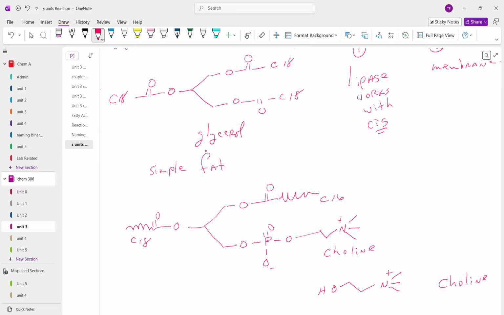Biochemically, it's very ubiquitous. There's a lot of it floating around. And this is called lecithin, and I'm not spelling it right. Lecithin structure.